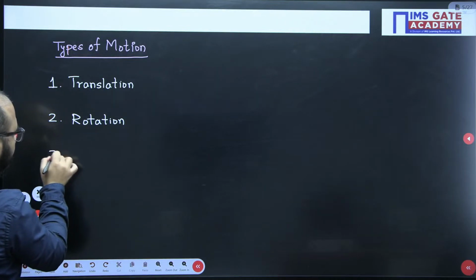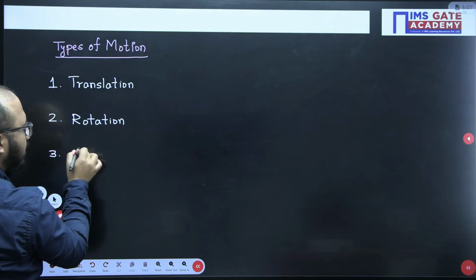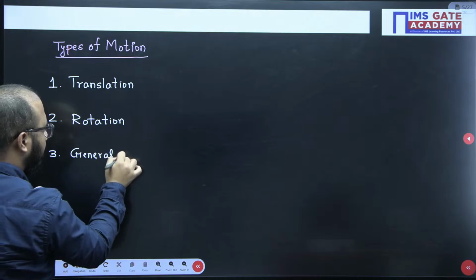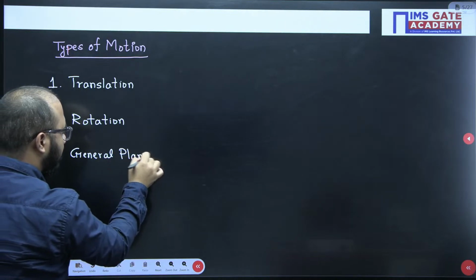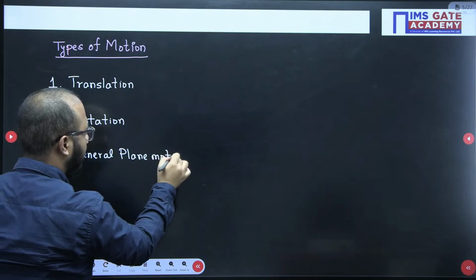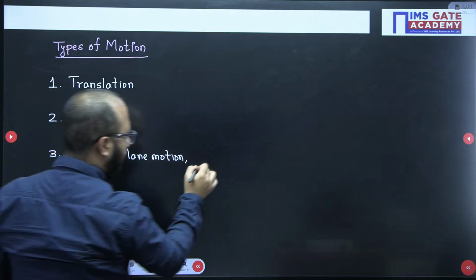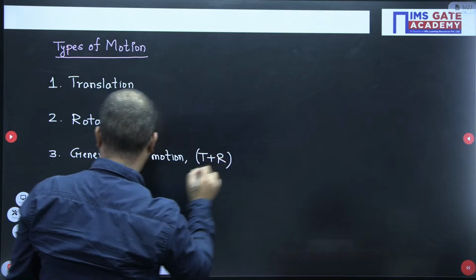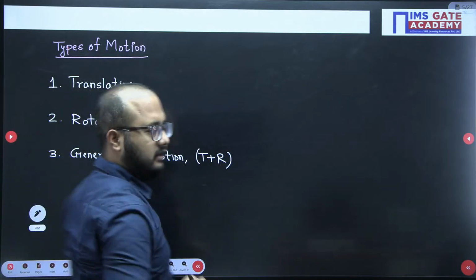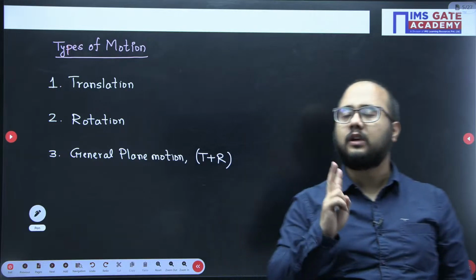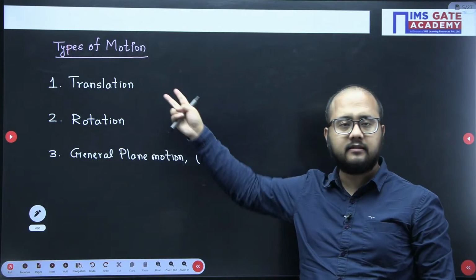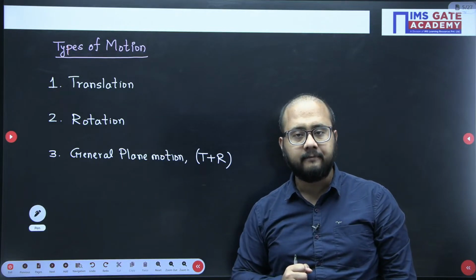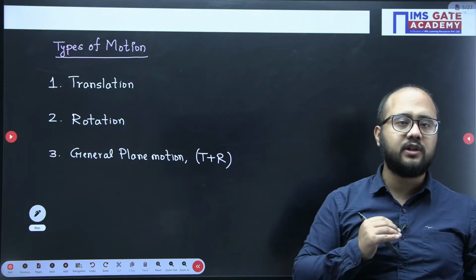And third, we will be having combination of translation and rotation, which is called general plane motion, or in short I can call it T plus R, translation plus rotation. Clear? Translation is there, rotation is there, and the combination of translation and rotation, that is T plus R, is also known as general plane motion. These are 3 different types of motions we will have.